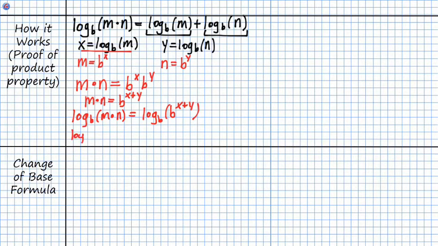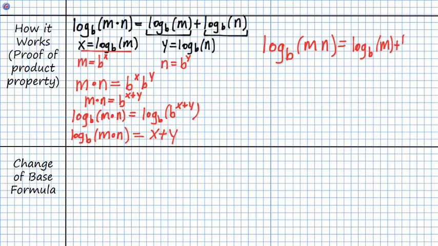So we get log base b of m times n is equal to x plus y. But now I know that x is log base b of m, and y is log base b of n, so I can say that log base b of m times n is equal to log base b of m plus log base b of n.